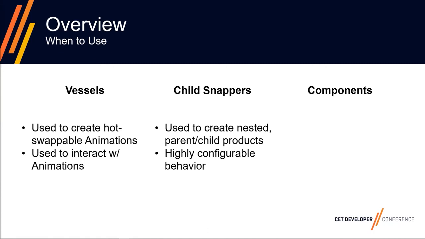The flexibility that child snappers can give you might be a good future proof for your implementation, so that you don't have to redefine something else if you want to change your behavior. So child snappers are really flexible, and it might be a good way to guard against redundancy.